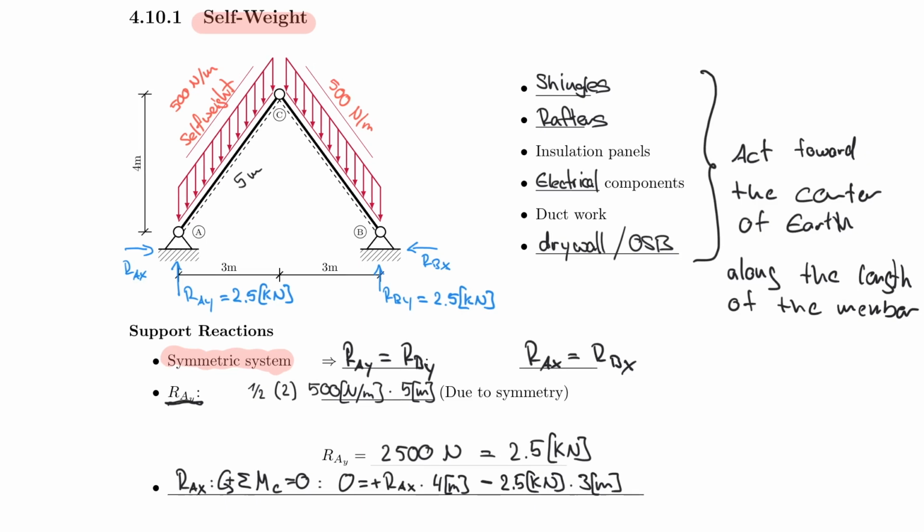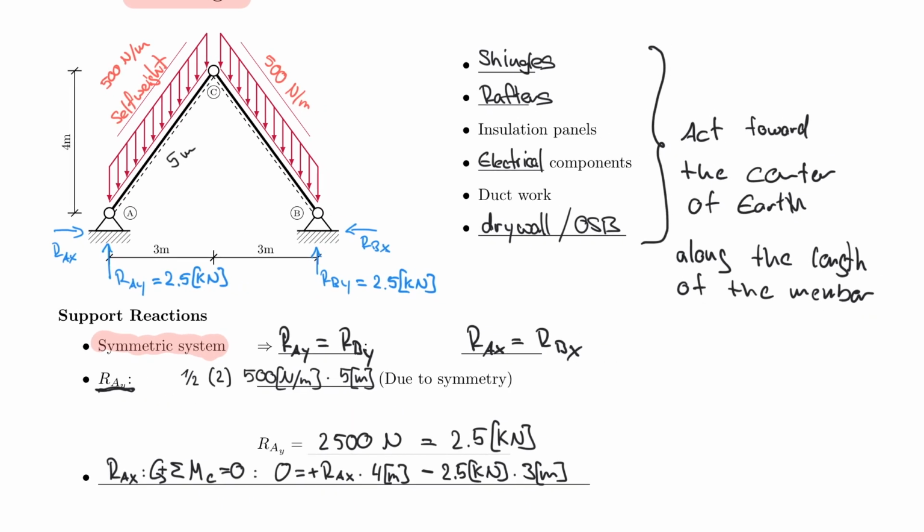And last but not least, I have to include the 500 newtons, so that's 0.5 kilonewton per meter multiplied by 5 meters. And now careful with the lever arm, because the resultant effectively is acting in the middle and it's vertical, so therefore the distance is 1.5 meters. So 1.5 meters or 3/2, and that is rotating counterclockwise about C, so therefore that is a positive lever arm, if you will.